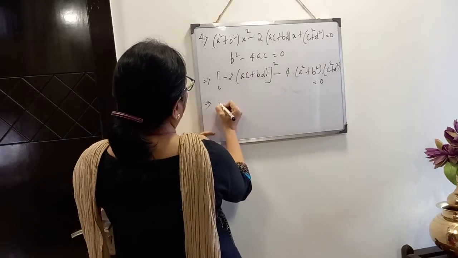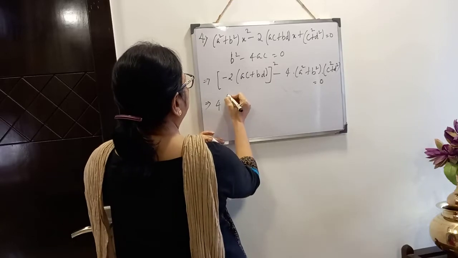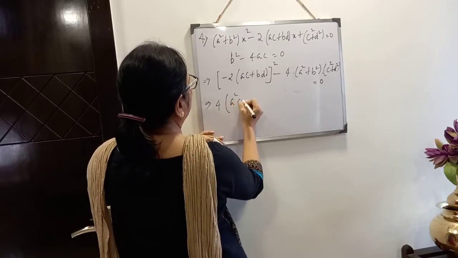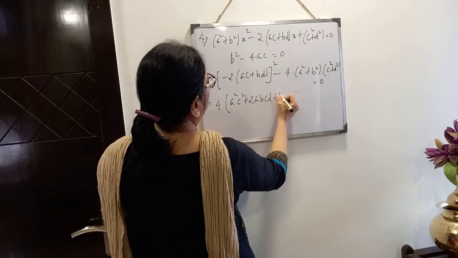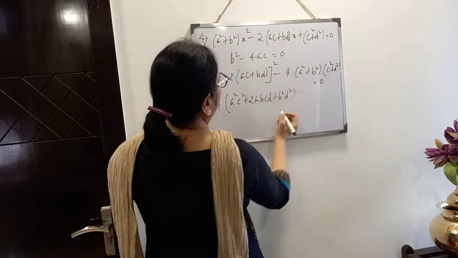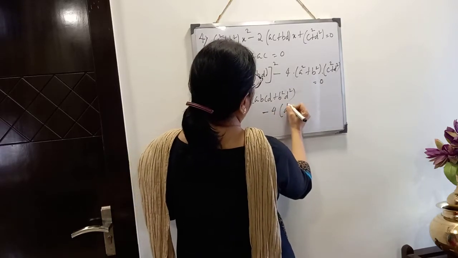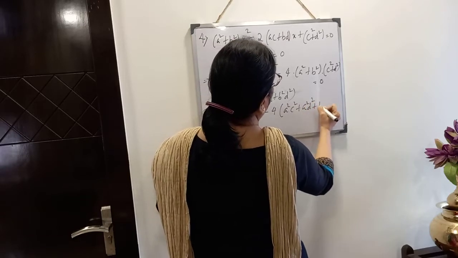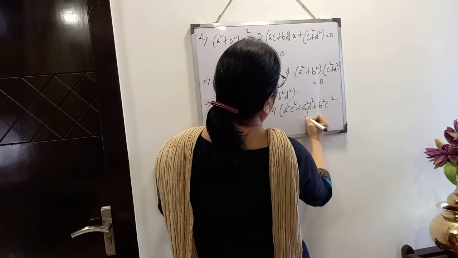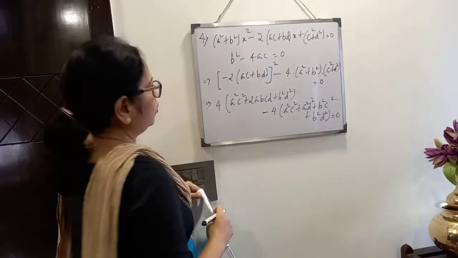Now whole square, a square c square plus 2abcd plus b square d square, minus, now multiply this, a square c square plus a square d square plus b square c square plus b square d square equal to 0.